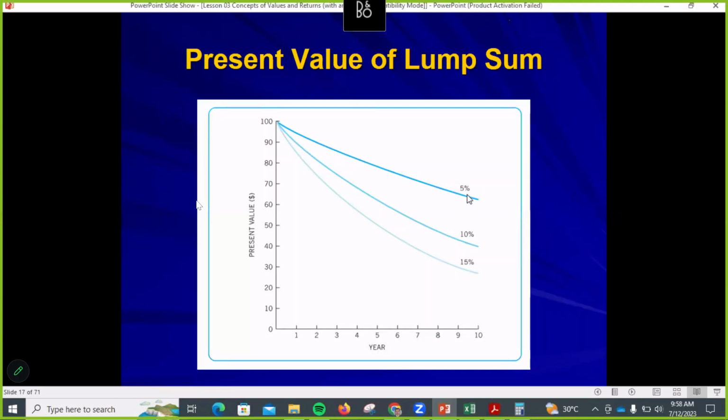So if you take this 5% discount rate, when time passes, say at the end of the 10th year, this becomes 65 rupees. At a 5% lower interest rate, discount rate, at the end of the 10th year, it has a value of around 65 rupees.